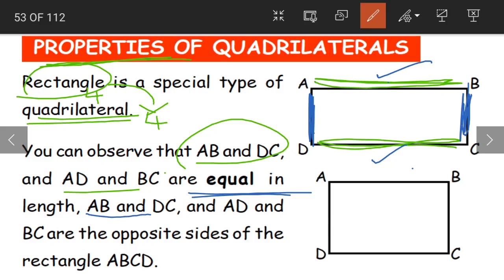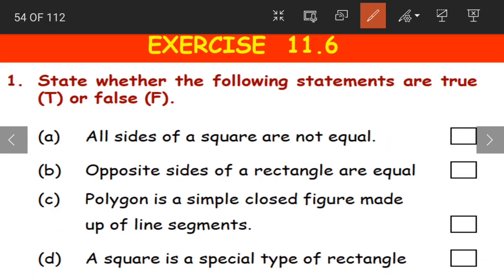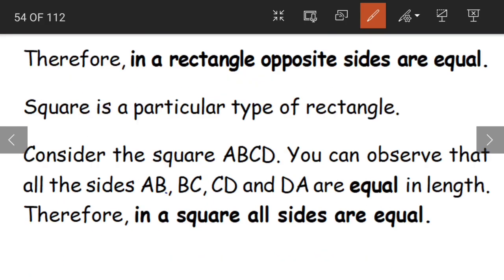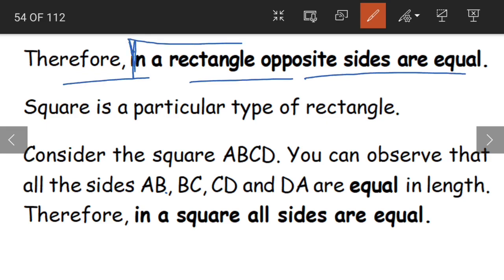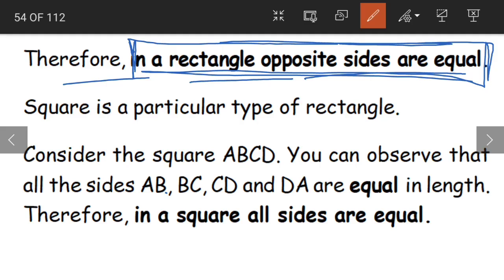AB and DC, and AD and BC are the opposite sides of the rectangle ABCD, and as they are the opposite sides of a rectangle, they are always equal in length. Therefore, in a rectangle opposite sides are always equal.